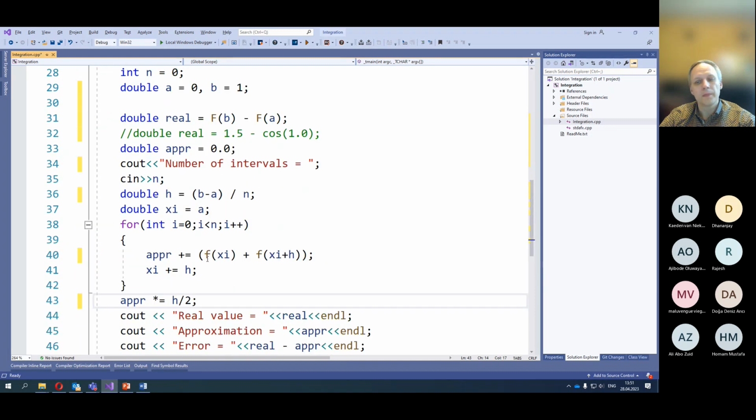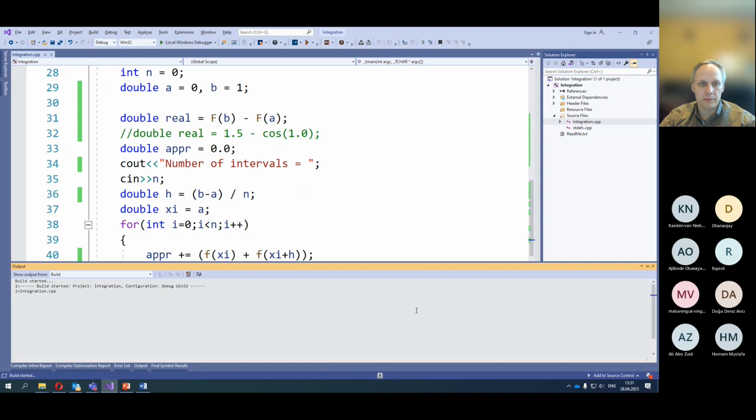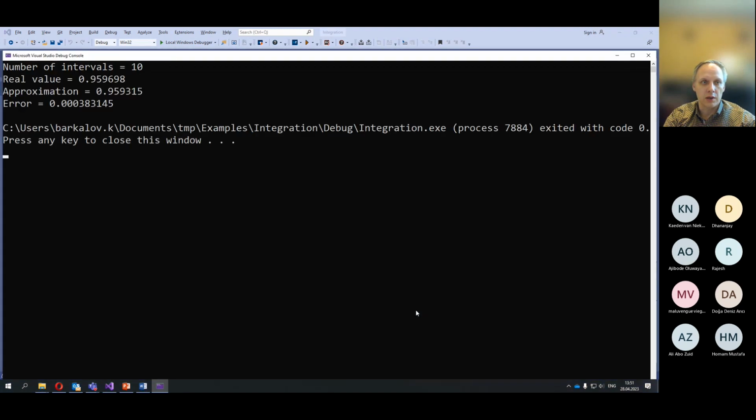Okay. Well, that's all. We can run this program. Suppose that the number of intervals is 10. The real value of the integral equals 0.9596 and so on. The approximation of this real value equals 0.959.